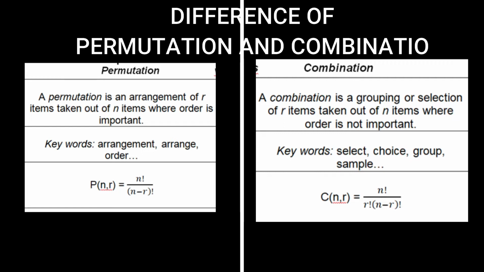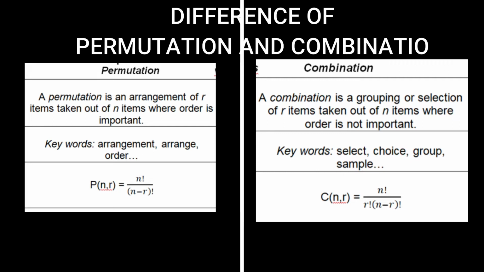So we have the given formula for permutation, which is n factorial over quantity n minus r quantity factorial. While in combination, we have n factorial over r factorial times quantity n minus r quantity factorial.